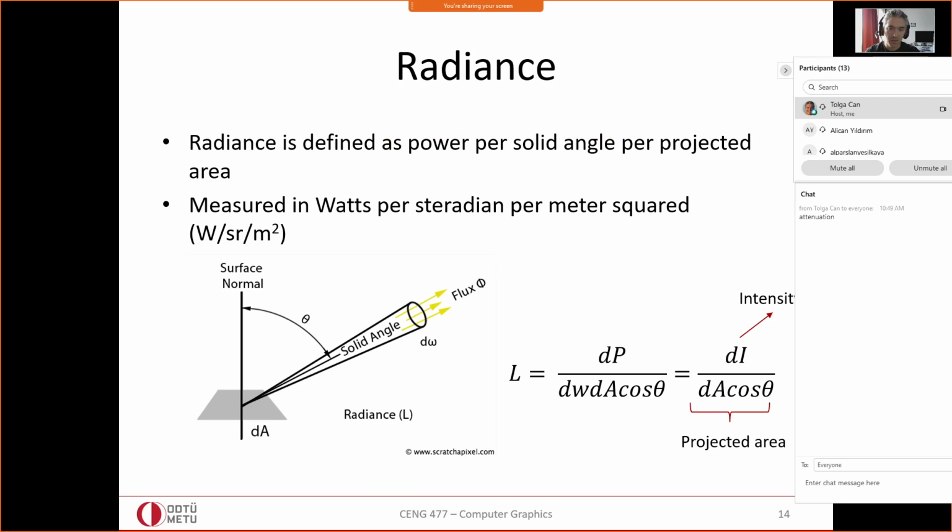That's why I'm skipping these quickly. All this physics, solid angle, flux, I don't know them myself. I don't use them in the ray tracer that I have showed you. The model that we're going to be using is very simple, but this is the actual physics of how the light interacts with the surface.